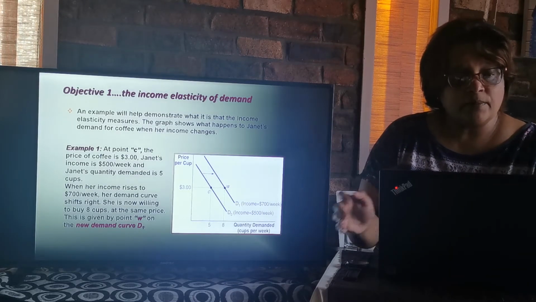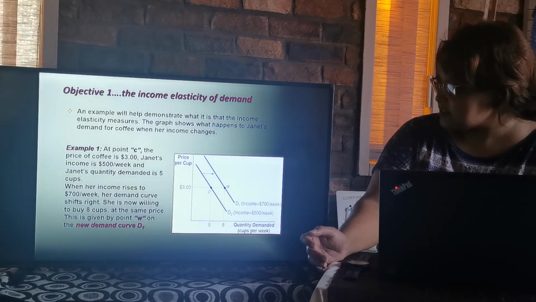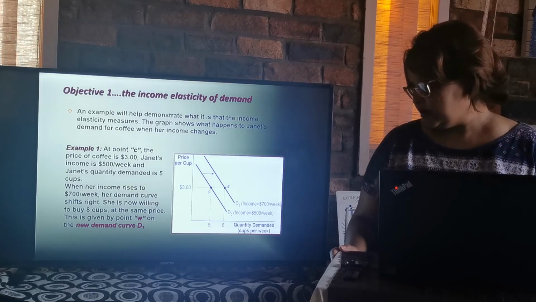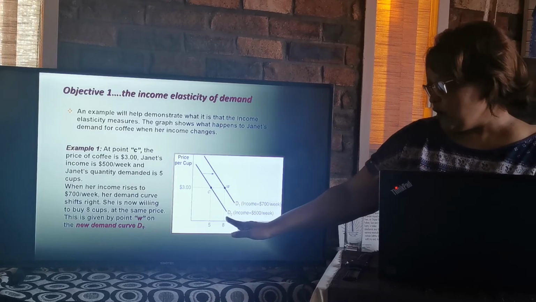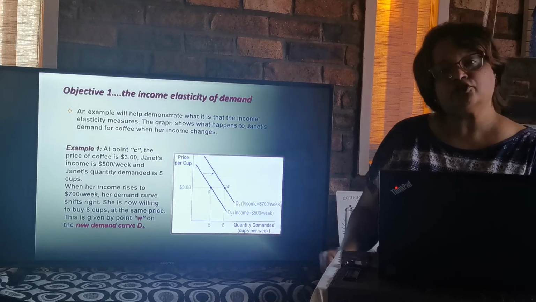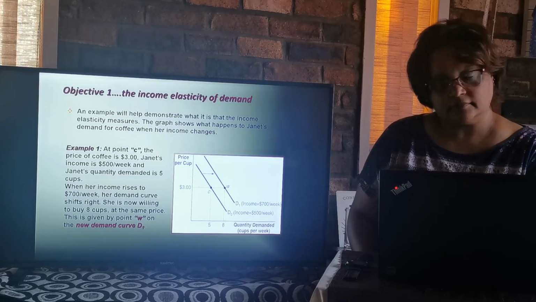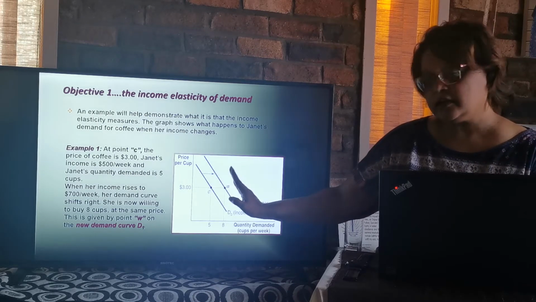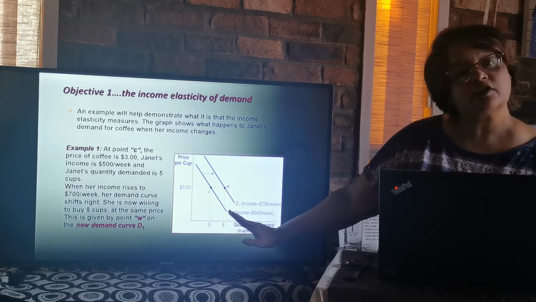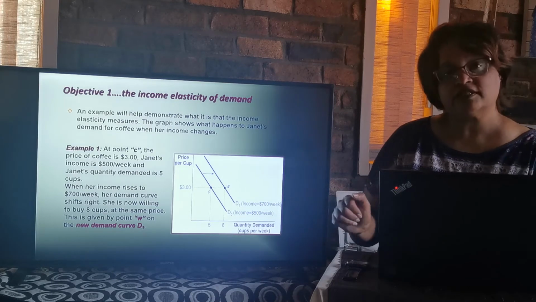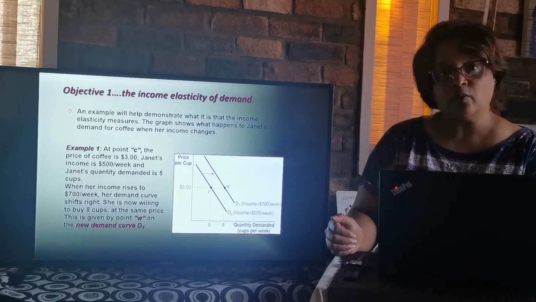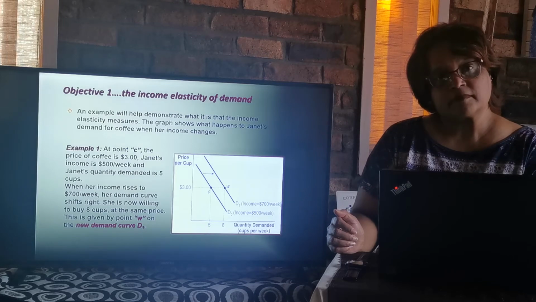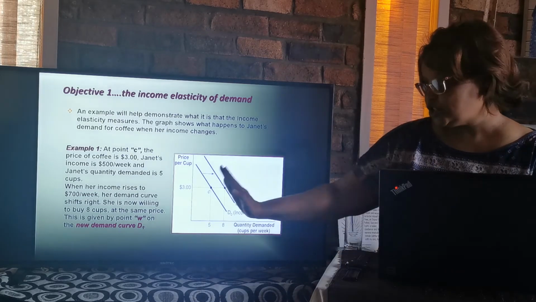An example will help to demonstrate this. If you are earning $500 per week, these are the demand curves for your two different earnings. One is for $500 and the other one is for $700. When you have an increase in demand, it shifts to the right.